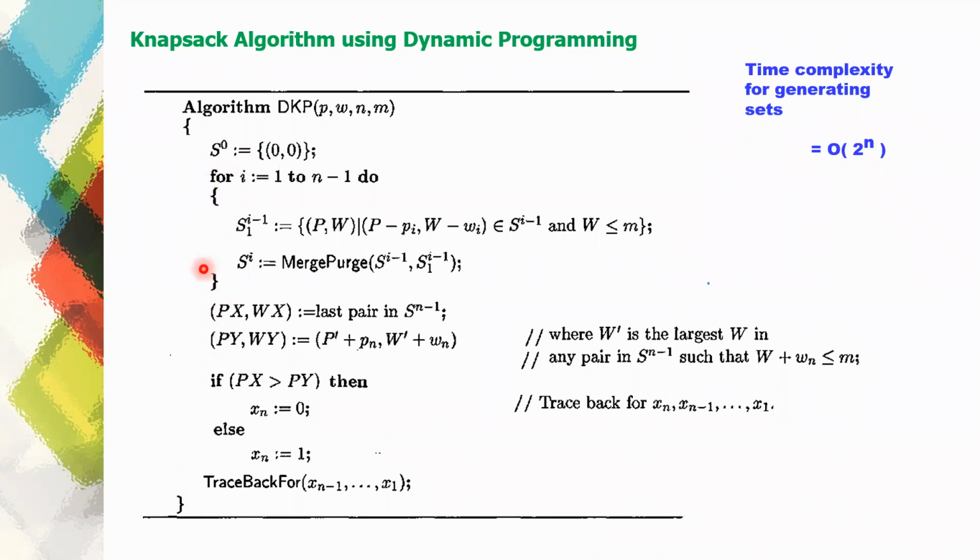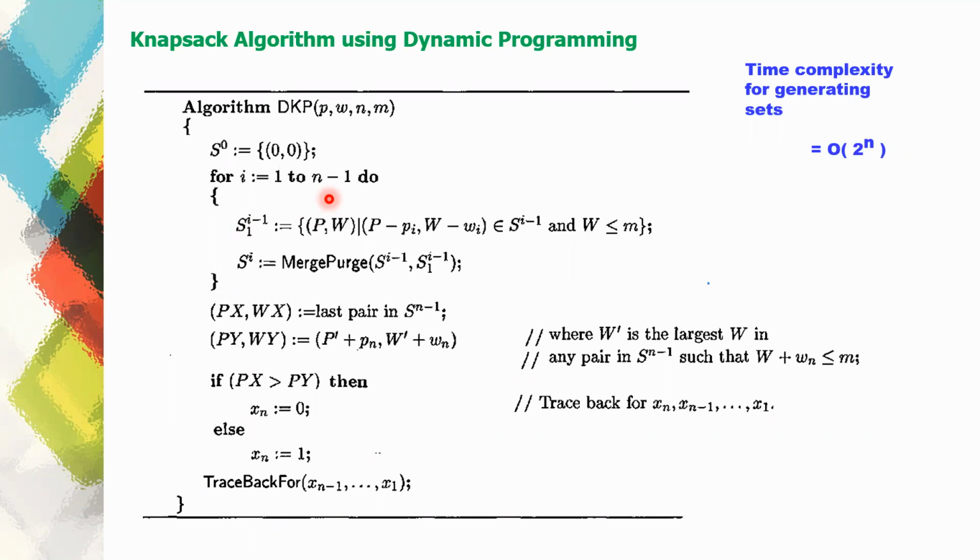Only this is the variable part in the algorithm, which is the loop. And this loop will repeat for n times. And each time you are generating a set. And in one set, you are generating many members. So how many members you are generating and how many sets you are generating accordingly.